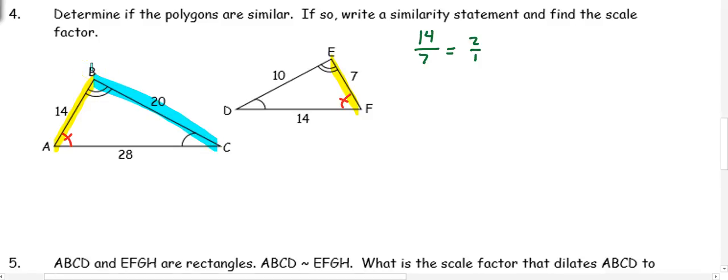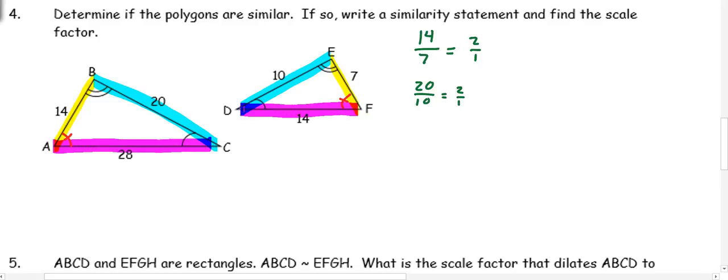B is touching the angle with two angle arcs, and C only has one angle arc, so that side is similar to ED. So we have 20 over 10, which reduces to 2 over 1. And our last set of sides, AC, corresponds with FD. So we have 28 over 14, which reduces to 2 over 1.